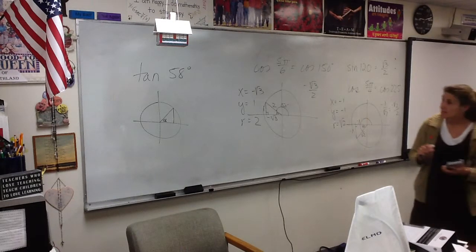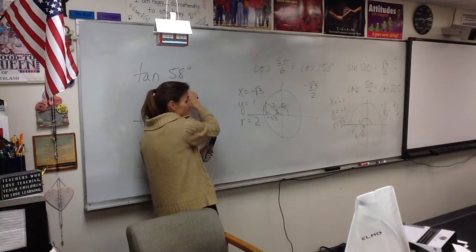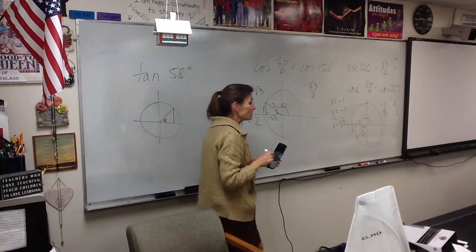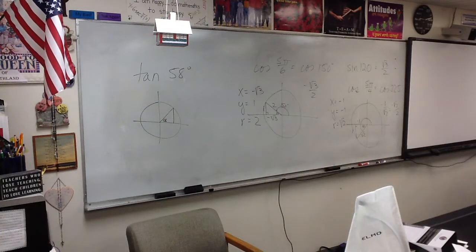If you're doing a degree problem, make sure you have degrees highlighted. If you're doing a radian problem, and we'll do one in a minute, then you want to have radian highlighted. Okay, so you have degree highlighted. We'll press tangent 58, and the answer is about 1.6. Agreed?